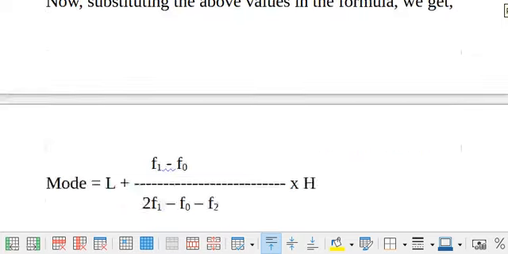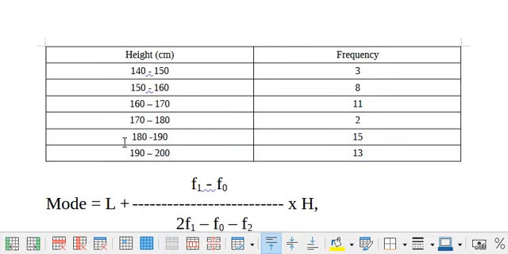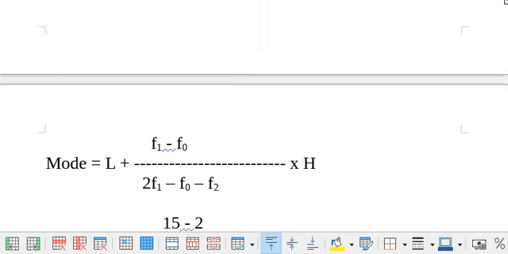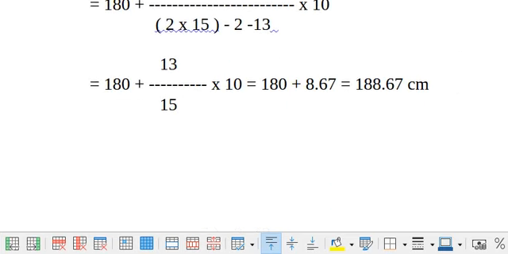So 188.67 centimeters is the most common height in this group data.